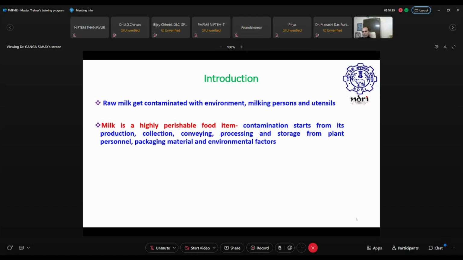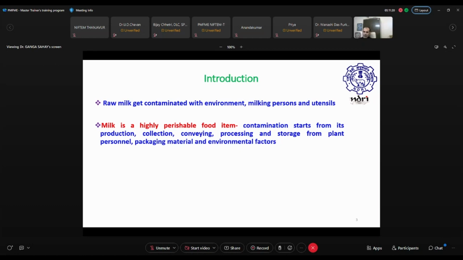Milk is naturally secreted, and we get it from healthy animals, and it normally gets contaminated when it comes into contact with the environment, the milking person, or the utensils.